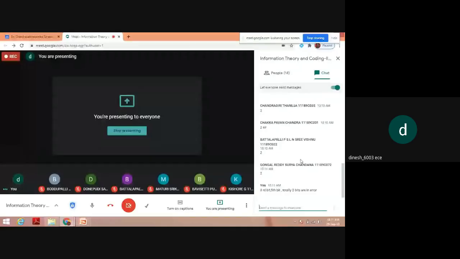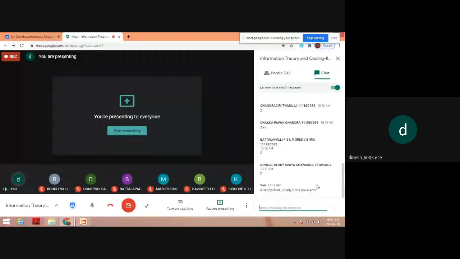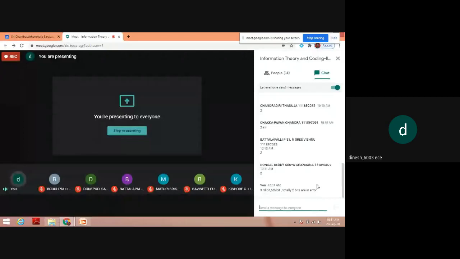So somebody had given the answer as 2. Yes, very good. Srija, Tanuja, very good. Pavan Chandra, Sri Vishnu, Surya Chandra, very good. So the third bit and the fifth bit are the errored bits in this example.